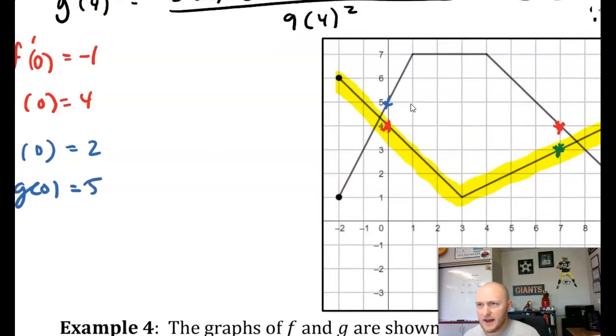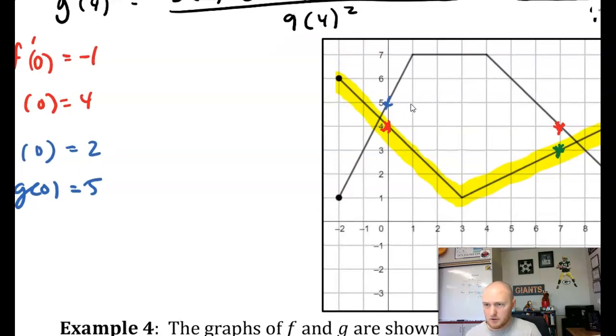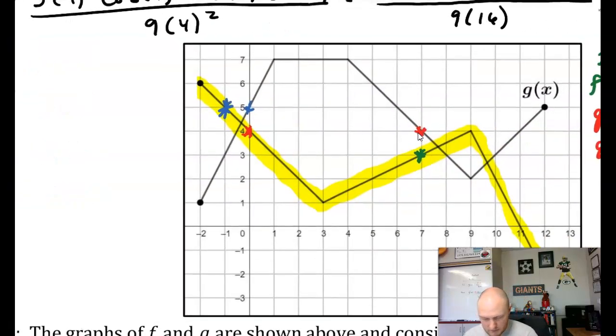Okay, so let's go ahead and see what's going on at -1 for f. So looking at f, we have these two values. Okay, so which one's f? We need that one. Okay, so 5 is our function value. F of -1 is 5, and then the slope is -1. So f prime of -1 is -1.